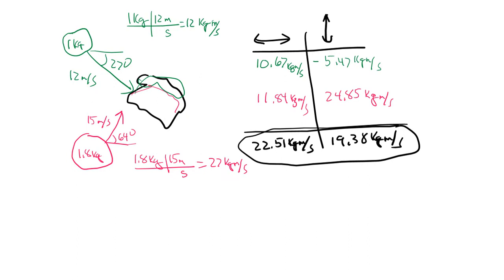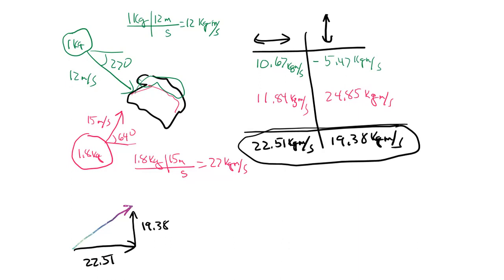Now, if I want to get my total momentum, then it is 22.51 to the right and 19.38 up, and I'm looking for this. To find the number, I use the Pythagorean theorem: 22.51 squared plus 19.38 squared, add them up, take the square root of the answer, and here we go.